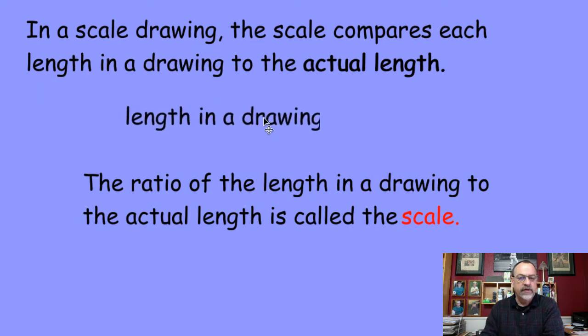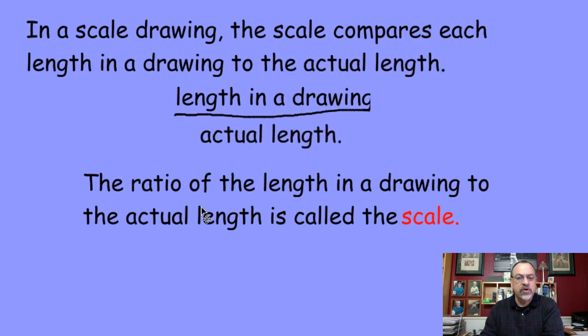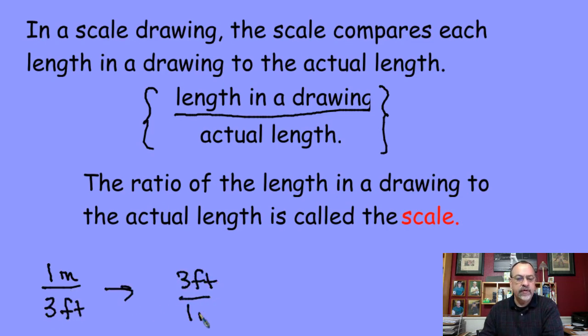Okay, so if we take the length in the drawing and we compare it to the actual length of the item, this is called the scale. This is the scale of the drawing. Now, this ratio, as we've talked about before, can be written either way, whether the drawing, 1 inch, let's say, is equal to 3 feet, or we could write 3 feet is equal to 1 inch.